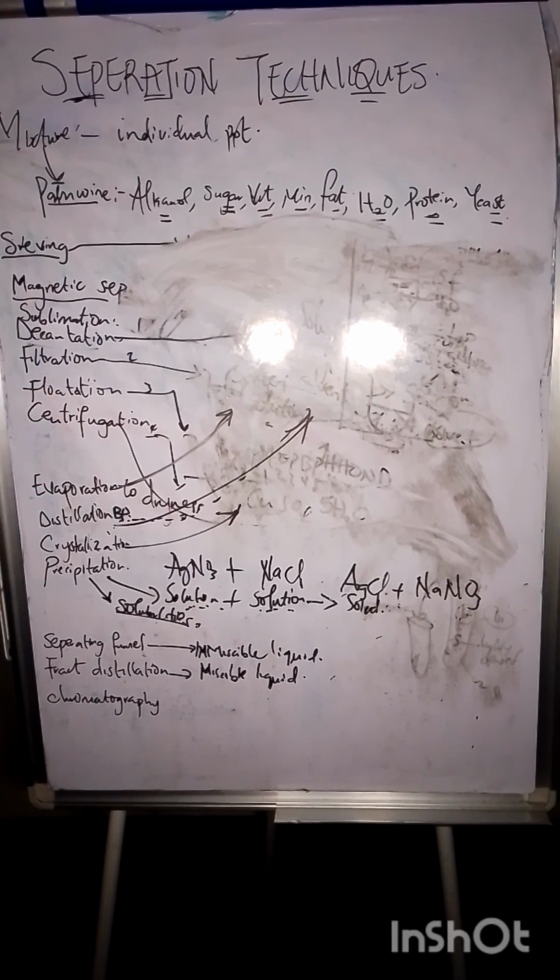Then you have your precipitation and all. Crystallization is the very best method to obtain your sugar and drug. So in pharmacy, we use crystallization to obtain our drug. Sure, you get.